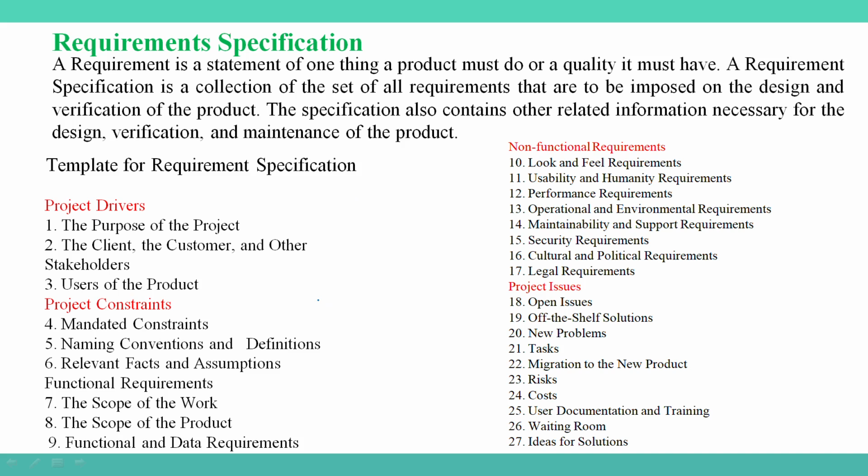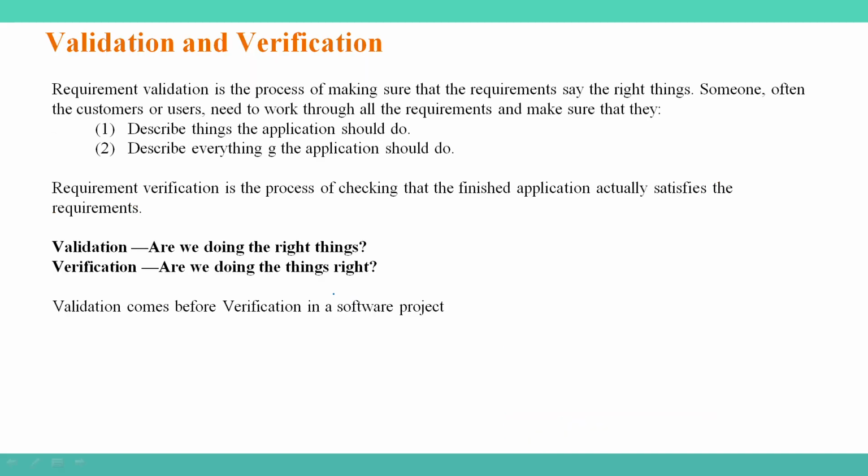There are four major categories that we can decide whether we are incorporating or not. One is project drivers, then project constraints, the non-functional requirements, and the project issues. All these things you can refer to in your specification. Validation we have already specified; it is written here just as a reminder.